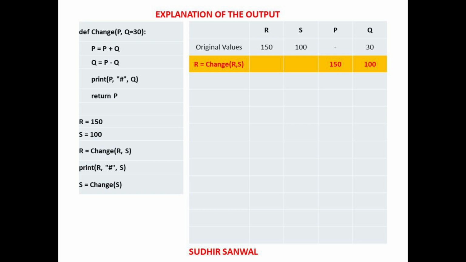Here one thing to note is that in the function definition you can see that Q already has a default value of 30. So in this case, when you pass two arguments from the function call, the values of those two arguments take place in the function definition and override the default value.